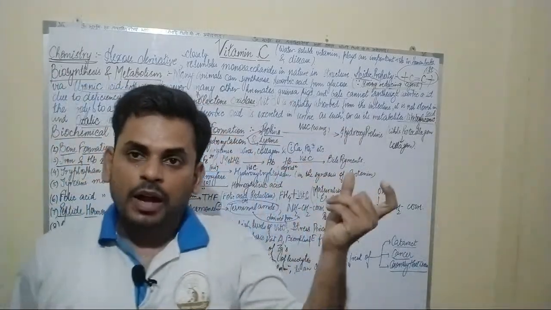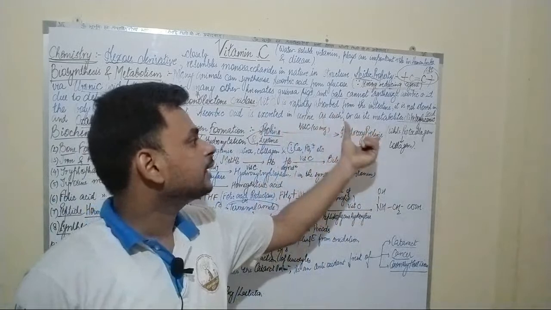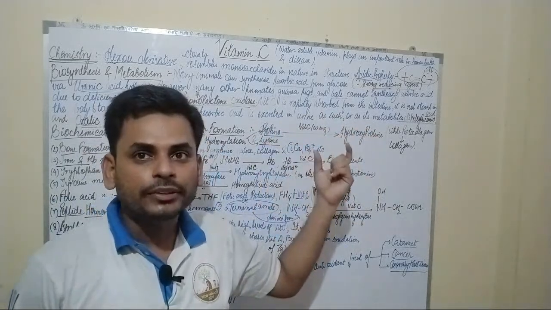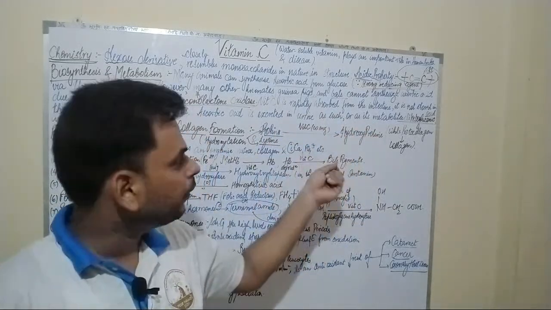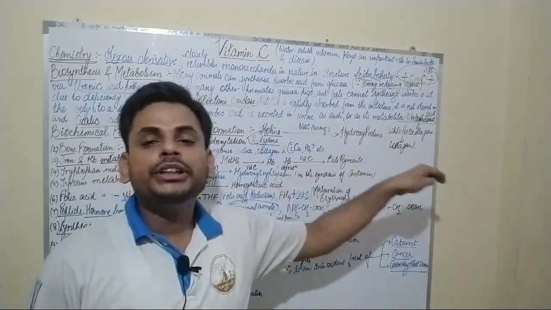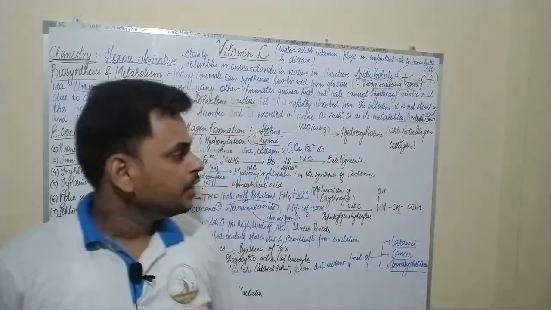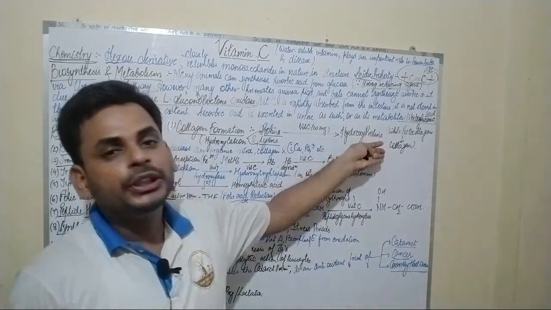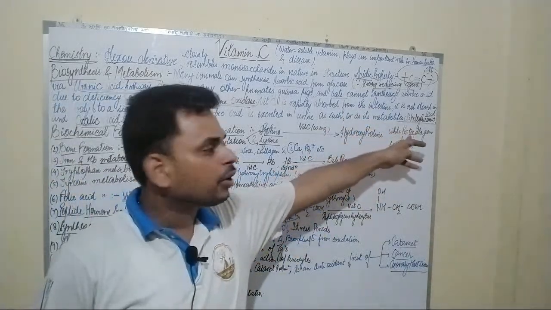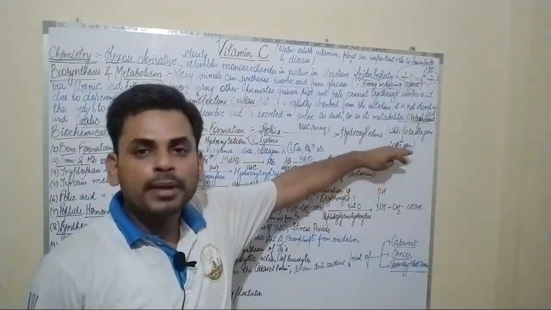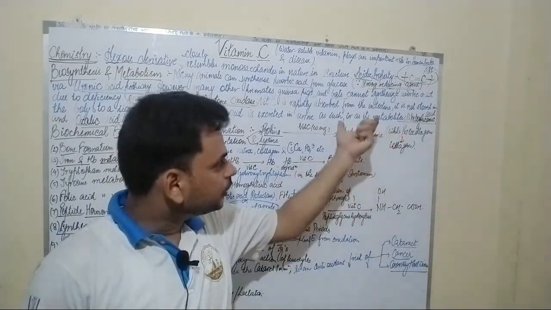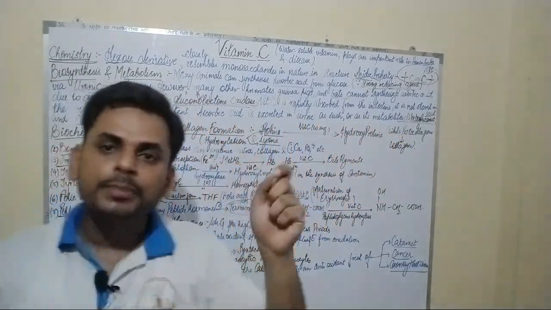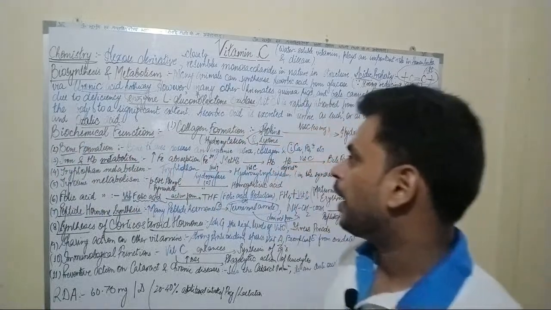Unless proline gets converted into hydroxyproline, the protocollagen cannot be converted into collagen. For the conversion of protocollagen, the immature form of collagen, to mature collagen fibrils, vitamin C is the most important coenzyme required.